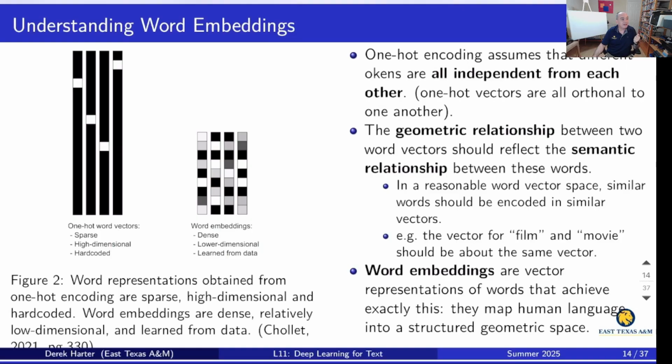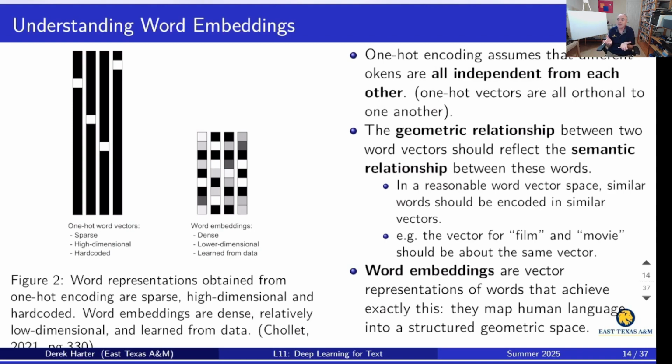That leads us to the topic of word embeddings, which is an important topic here. When you do a one-hot encoding, you're basically assuming that different tokens are all completely independent of one another. That's the assumption behind that encoding. And this is true because the one-hot vectors are all orthogonal to one another, which means they're completely independent. In the case of words, that assumption is clearly wrong.